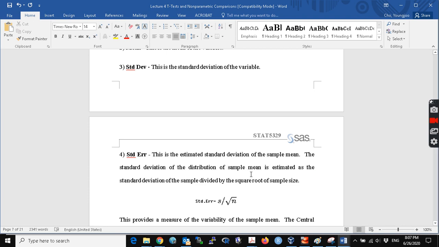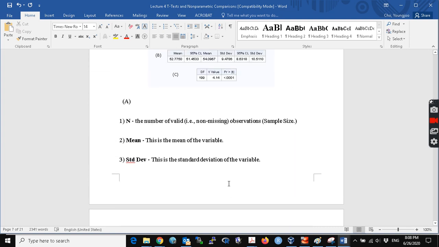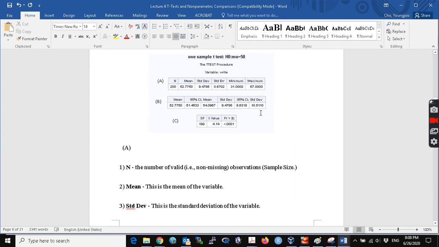So standard error is s, the standard deviation, divided by the square root of n, which you can easily derive from the formula of the variance of the sample mean. This provides a measure of variability of the sample mean. If this standard error is large, then the variability of the sample mean is large. And then we have the minimum and maximum of the variable.